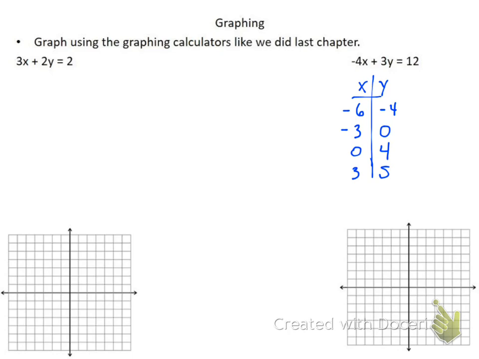So negative 6, negative 4, negative 3, 0, 0, 4, and then 3, 8. And so I end up getting a line that looks something like this.